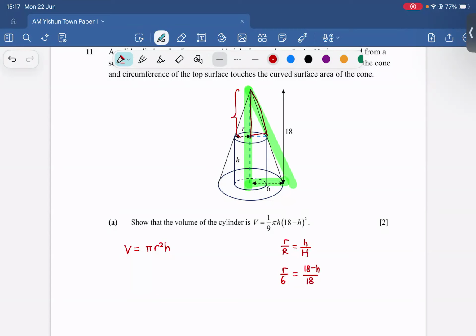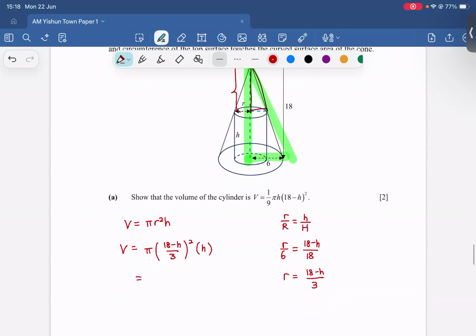Okay, so once we have that, r is actually equal to 6 over 18, times (18 minus h), which is (18 minus h) over 3. So now what do we do? We put this inside our V. So we have ((18 minus h) over 3) squared times h.